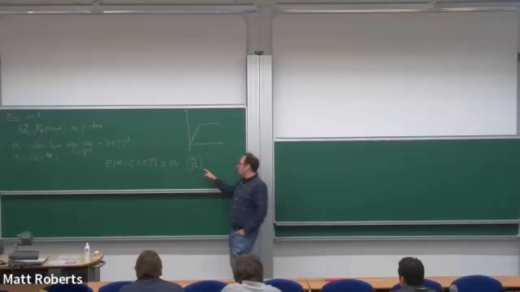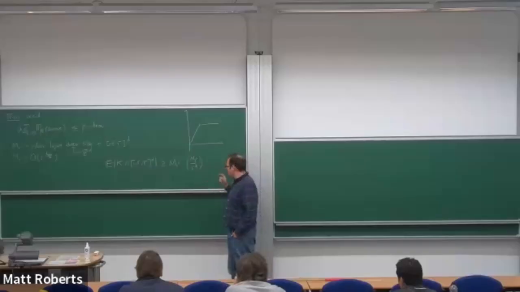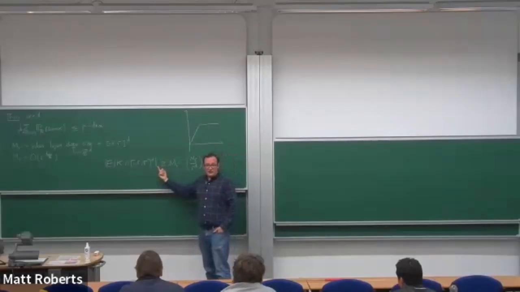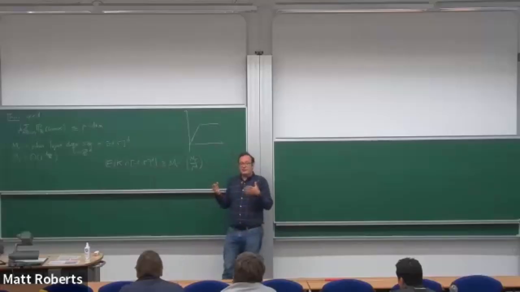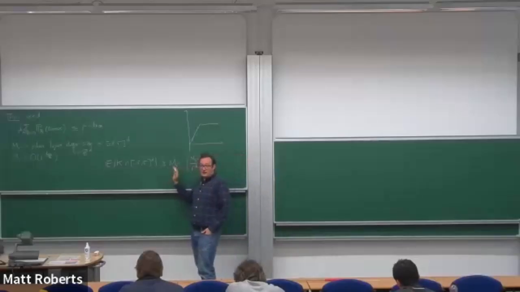So this is saying the largest cluster has this size with good probability, because that was how we defined this quantity. So that just gives you a constant. Now, what's the probability the origin belongs to the largest cluster? Well, it's roughly speaking the ratio of the size of that largest cluster to the volume of the box, which is this term. And if you are in the largest cluster, then it contributes this to the expectation.